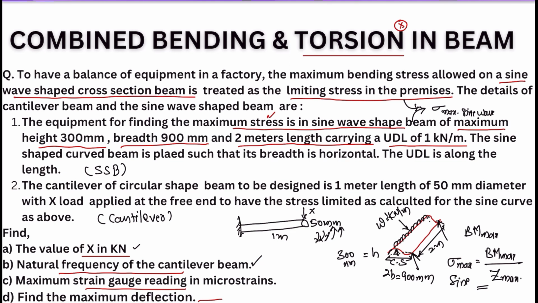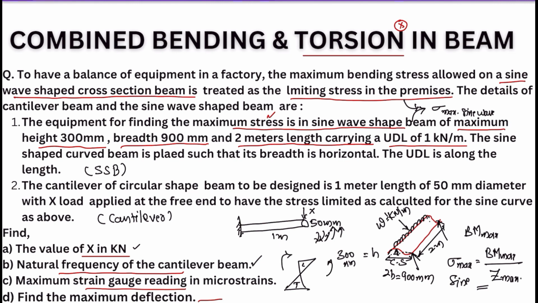Then maximum strain gauge reading. Strain gauges are fixed for finding the strains in the beam whenever loads are applied. The strain gauge reading is nothing but the maximum strain. If the beam is bent like this, here it is compressive, here it is tensile.